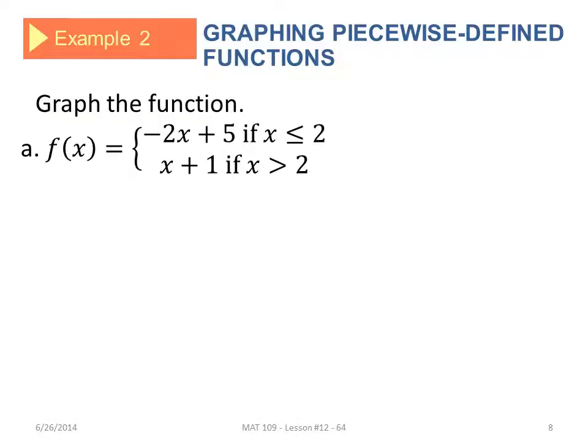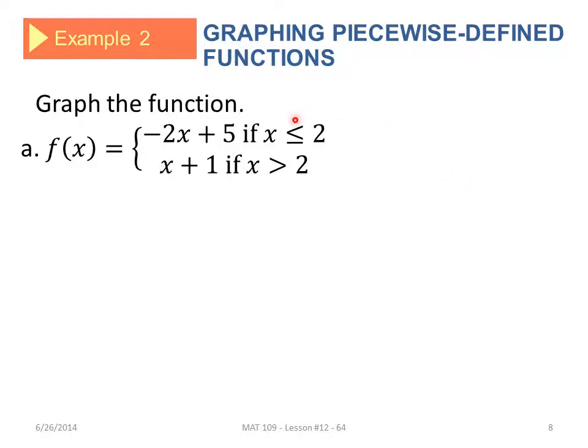Then we'll start looking at some more unusual types of functions. There is a type of function which is called piecewise defined, and it's called piecewise defined because in different parts of the domain it has different equations defining it. This is an example of a piecewise defined function.